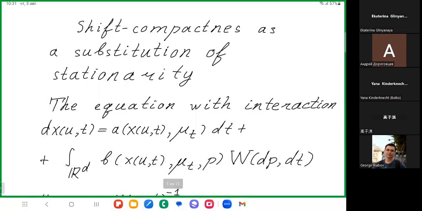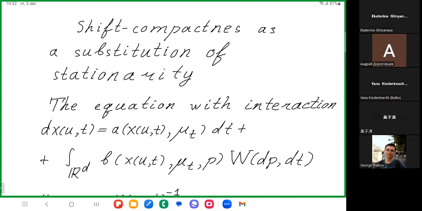Yesterday we discussed that when we consider an equation with interaction, we face several problems on the way of looking for a stationary solution. And today we will consider what can be achieved if we apply the usual machinery to an equation with interaction.